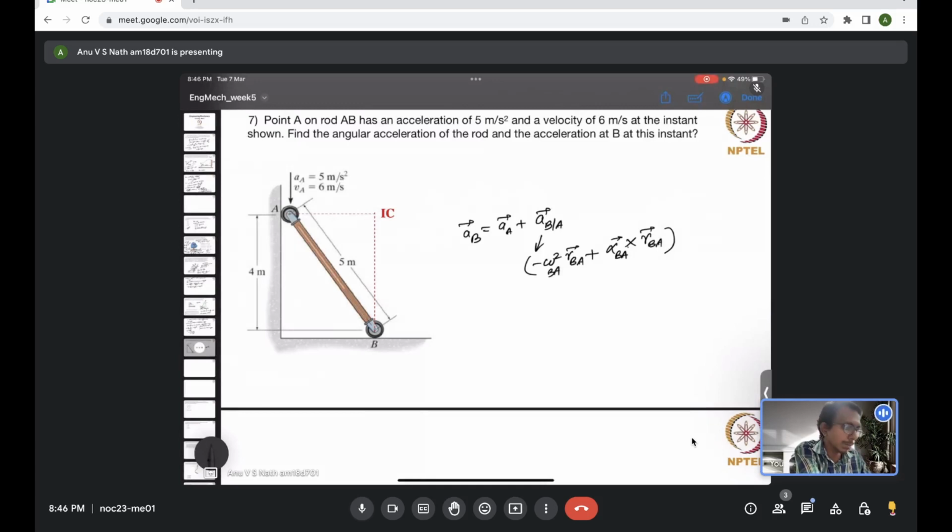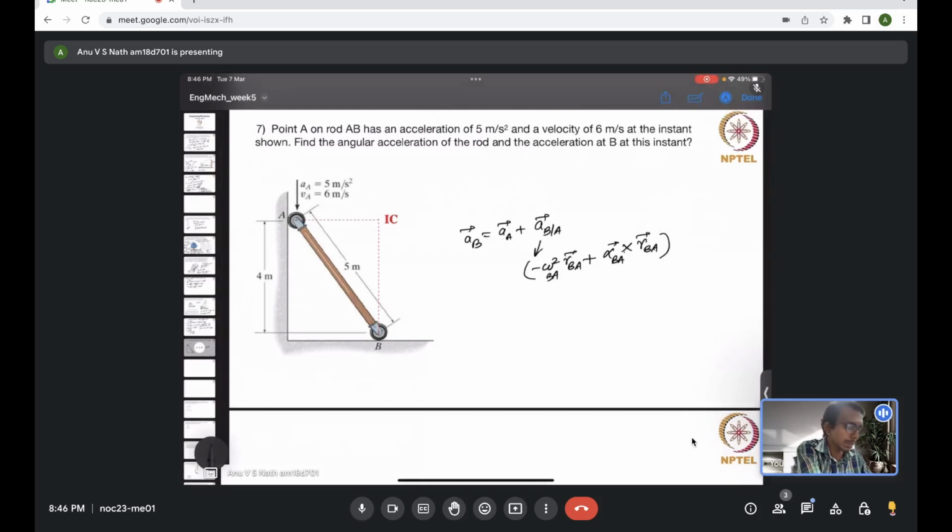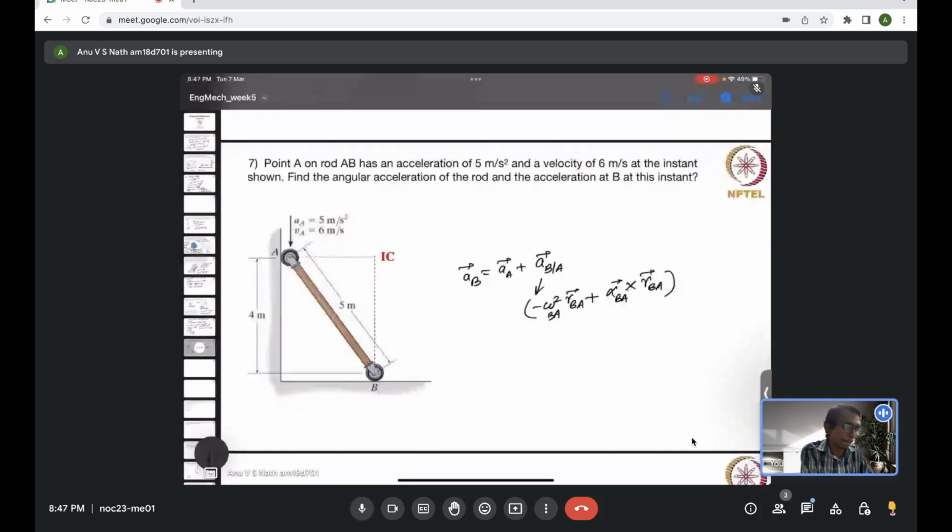Other things are just the same, you first have to locate the instantaneous center. Velocity of A is given, just divide that by the distance to the instantaneous center, and you will get the angular velocity of the rod AB. It is the same for every part of the body.